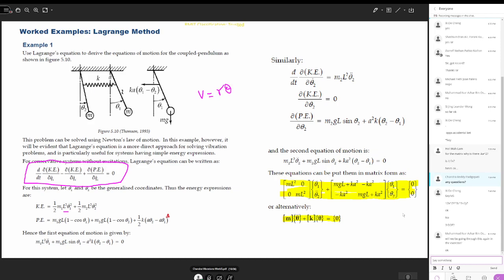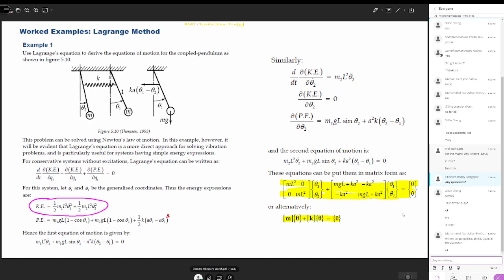So v1 will be r into theta 1 dot, and v1 square will be r square into theta 1 dot square. Therefore half m1 v1 square becomes half m1 L square theta 1 dot square. Similarly for the other mass, half m2 v2 square. This is the kinetic energy due to the velocity of the masses. The spring will not have any kinetic energy.